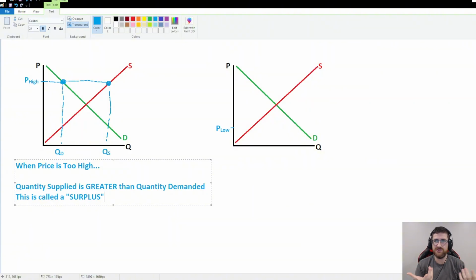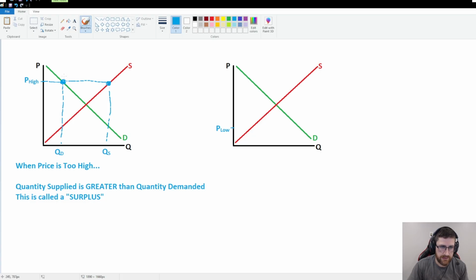And this happens when price is too high, because effectively what's happened is the two dots used to be on top of each other here, but when the price rose, the demand dot traveled up its curve over to here, and the supply dot traveled up its curve over to here and created this mismatch, right?